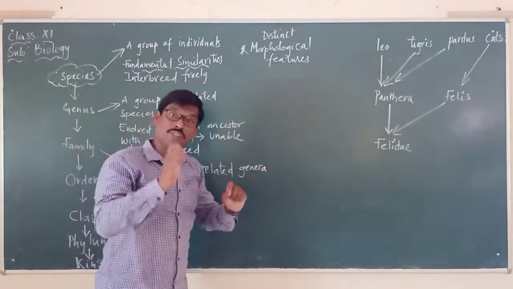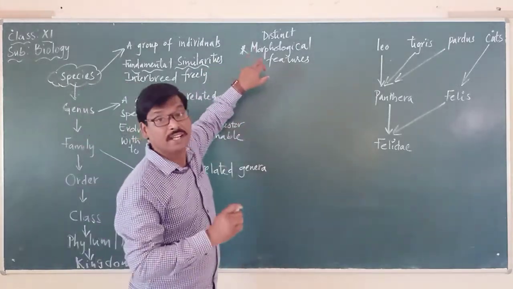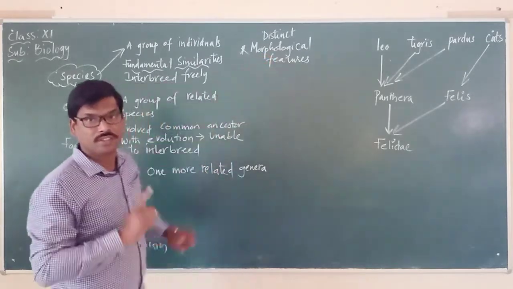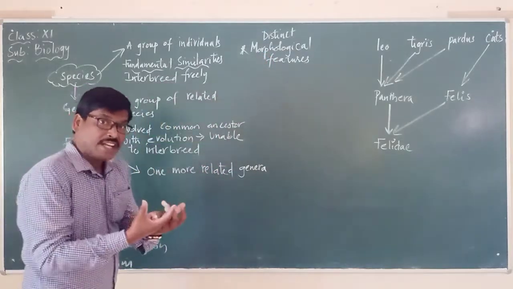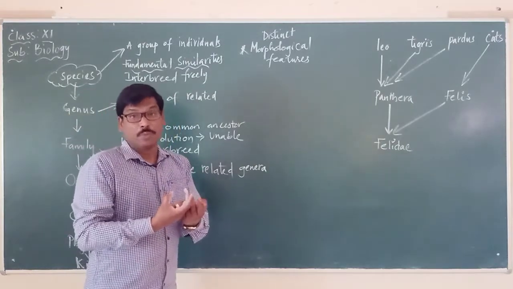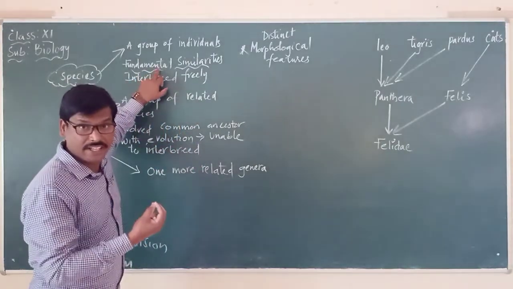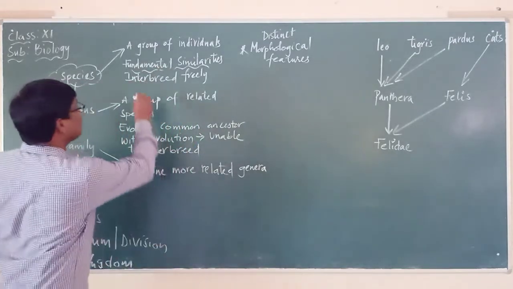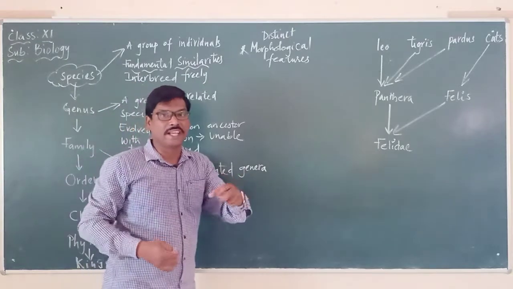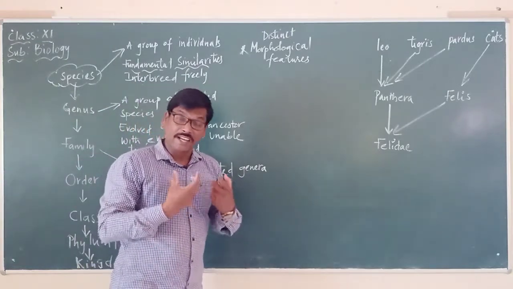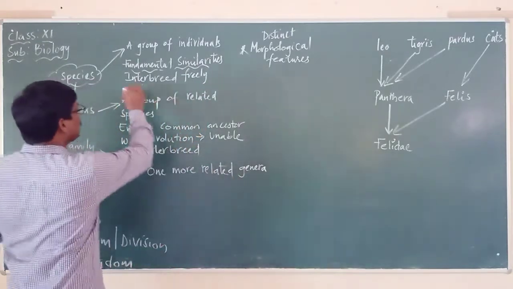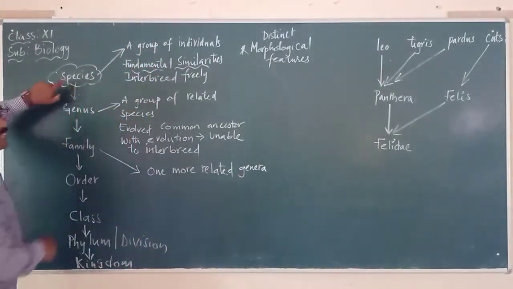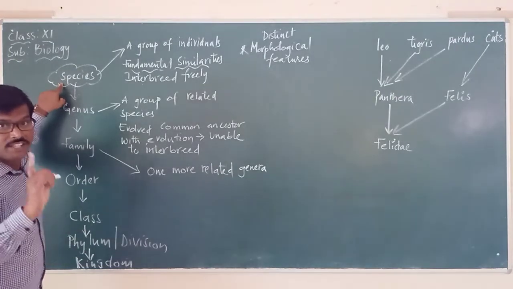So these are a group of individuals with the same fundamental similarities and which can interbreed among themselves, which can interbreed freely. When they have all these characteristics, then we call that a species.